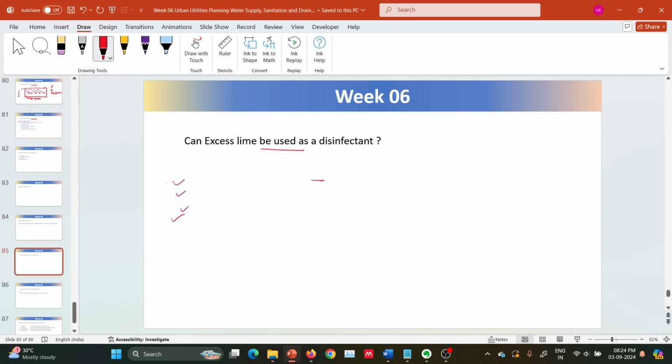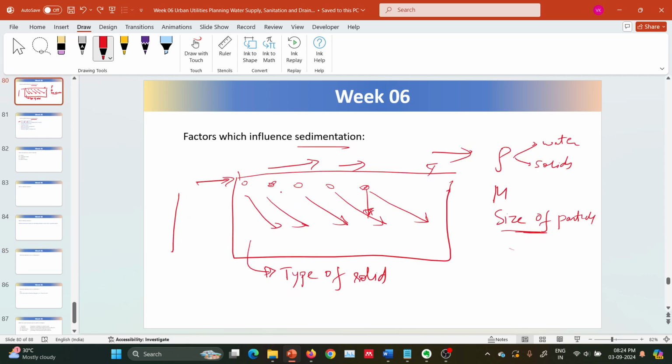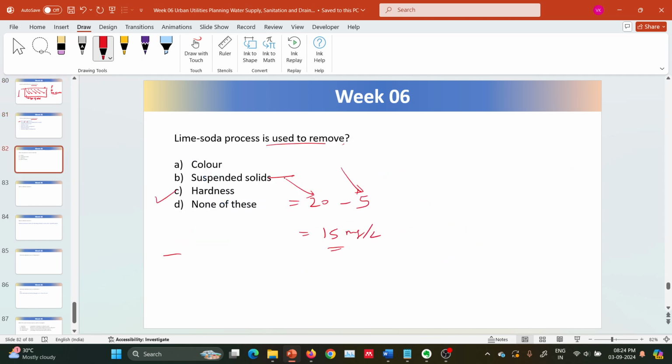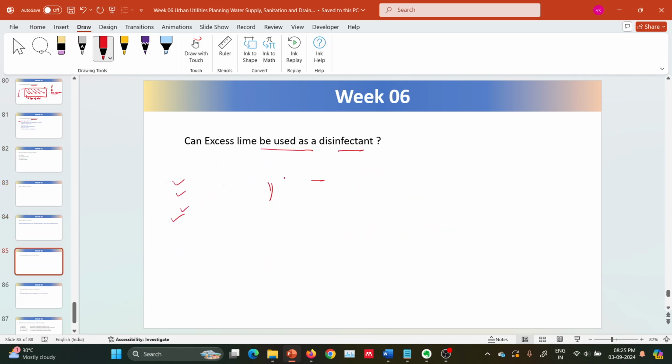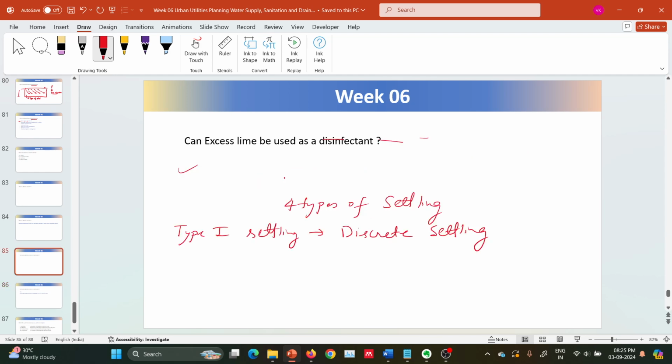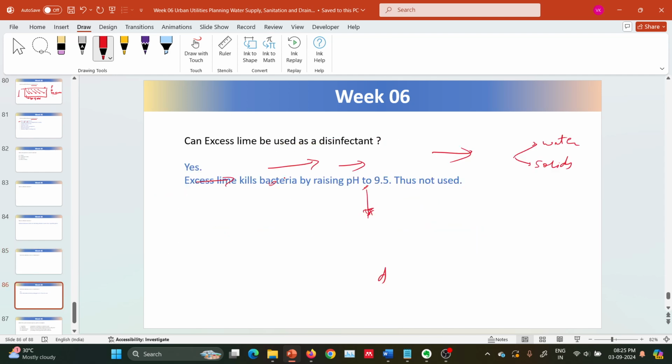Can excess lime be used as a disinfectant? Yes, it can be used as a disinfectant because excess lime kills bacteria by raising the pH.